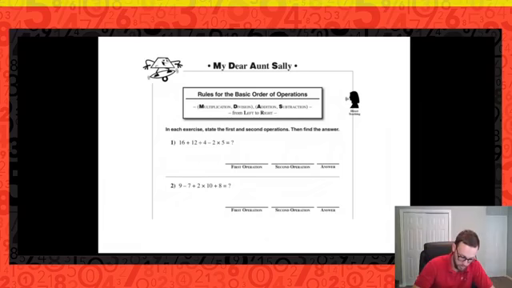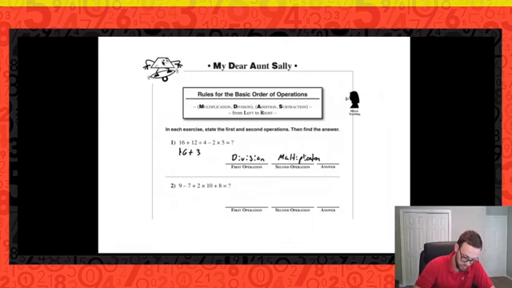So the first operation I'm going to be doing is the division. And my second operation is, I can see that I have some multiplication here. So let's go ahead and work towards our answer. So 12 divided by 4 is 3.